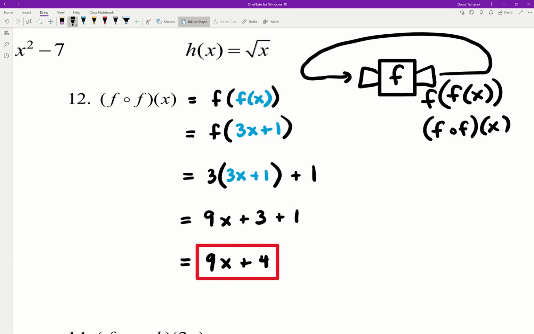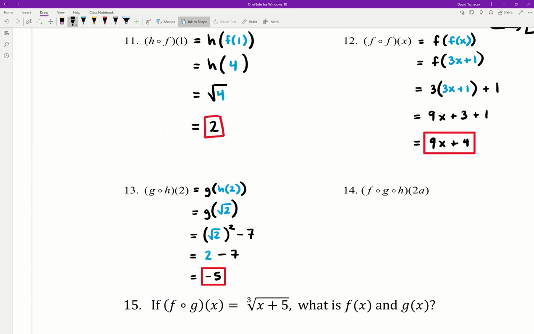So we're basically just looping it back through twice in this case. And so you can see that the work pans out the exact same way. I'm still taking my output from f and plugging it in as the input all the way back over again. I just simplify the result here after doing some distributive property and combining of like terms. I get 9x plus 4.